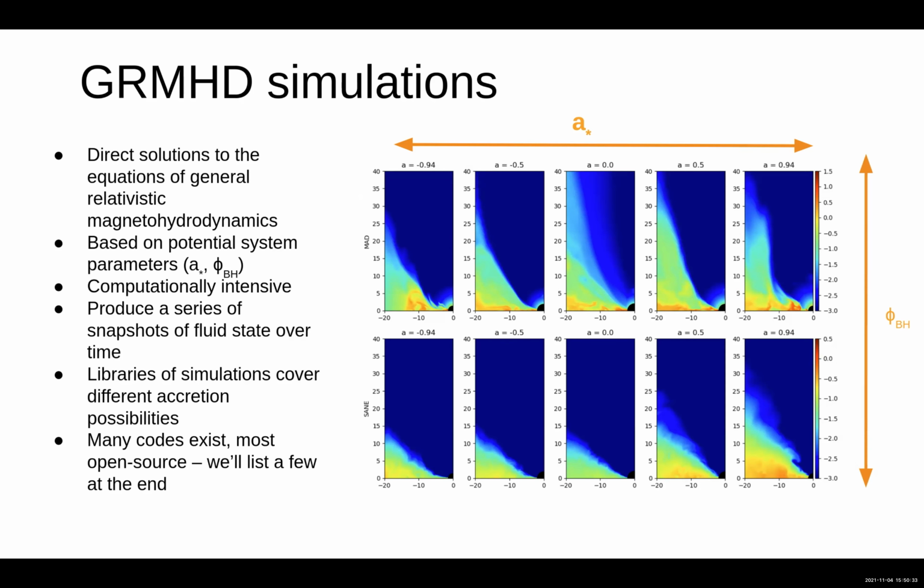Generally, these are quite computationally intensive, right? You've got a 3D grid of different cells, and have to evolve it for tens or hundreds of thousands of dynamical times, and these produce, as I said, a series of snapshots of fluid state. So this is density, temperature, magnetic field. A bunch of different codes exist for generating these simulations that we'll talk about at the end.